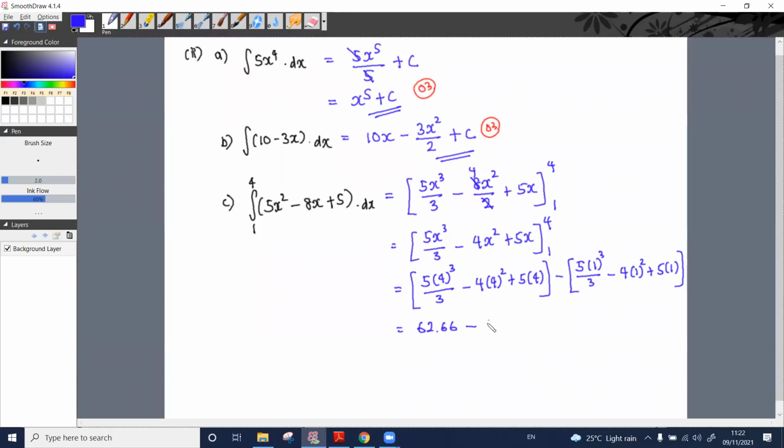That is 2.66. Therefore, the final answer should be 60. If you got the final answer as 60, you can give 4 marks.